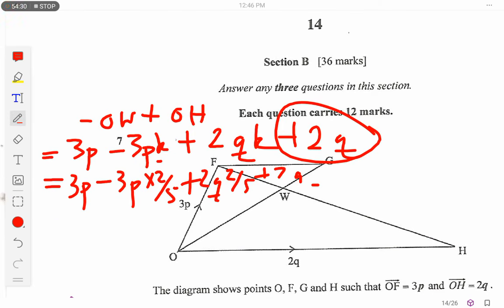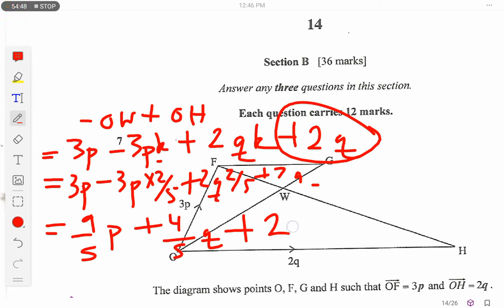So we'll get here, this is equal to, I'm going to convert everything to be over 5, so I'll get 9 over 5p plus 4 over 5q, then plus our 2q there. Okay, so you find out this was my OW without the negative.